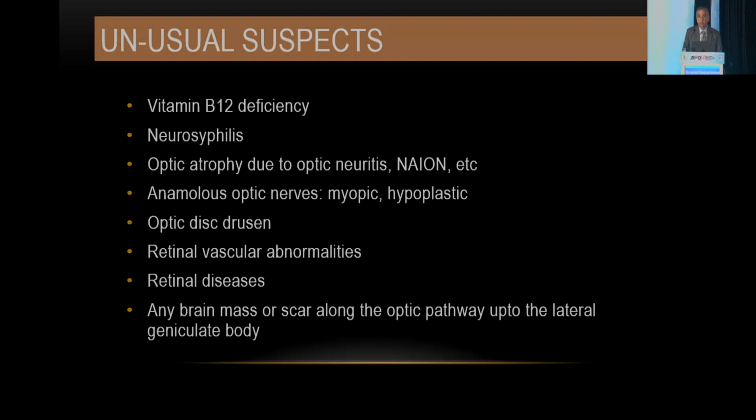The unusual suspects are vitamin B12 deficiency, neurosyphilis, optic atrophy, anomalous disc drusen, retinal diseases, or any brain mass or scar all along the optical pathway all the way till the lateral geniculate body.